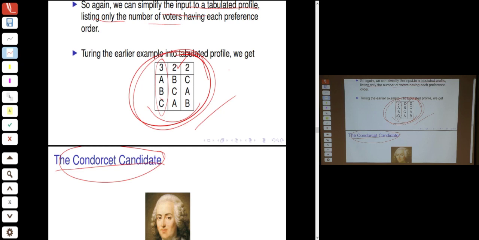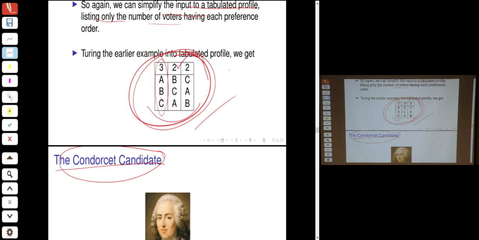So, a Condorcet candidate is a candidate who satisfies the following property. If there are three candidates A, B, and C, then A is the Condorcet candidate or the Condorcet winner if both of the following things happen.